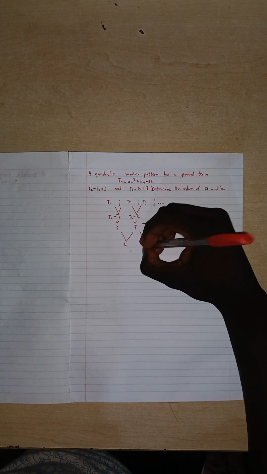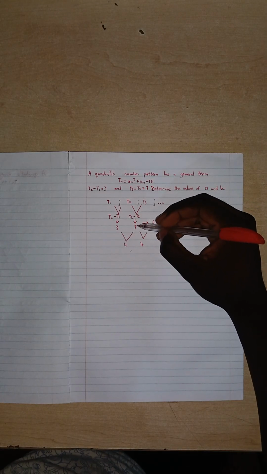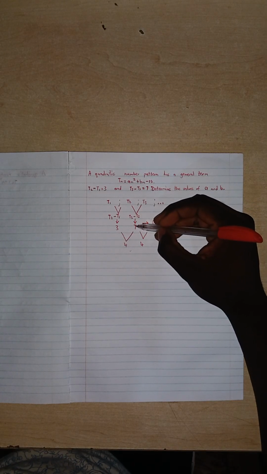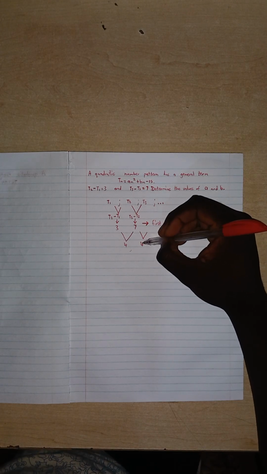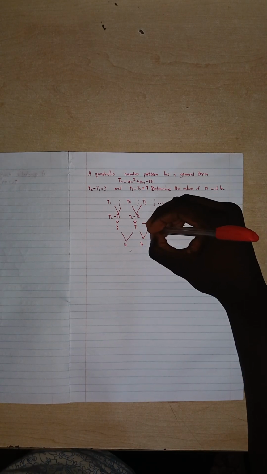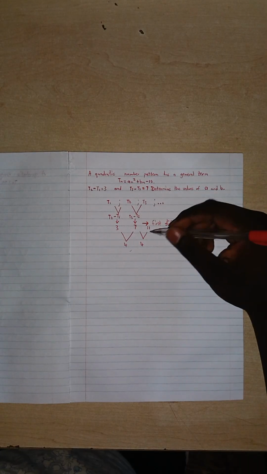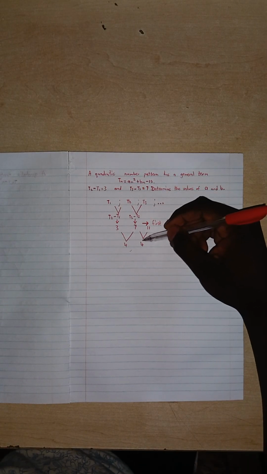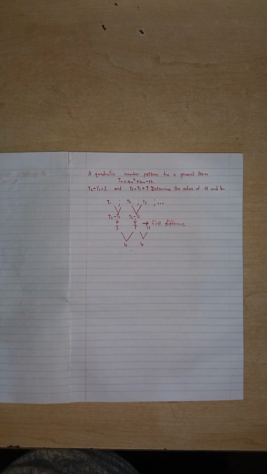We know the second difference is always constant. So since the difference here is 4, we now know that term number 3 of the first difference will be 7 plus 4, which is 11, right? It automatically tells us, because the second difference is always constant, the same number.